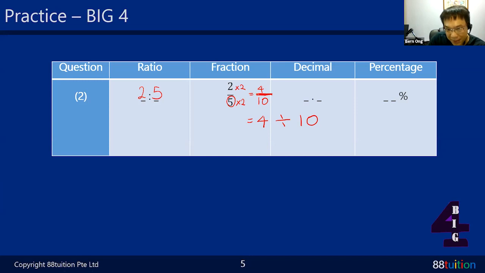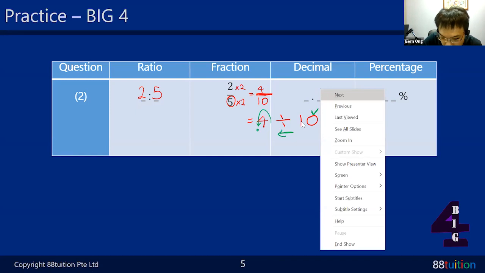So divide means to the left, to the left. 10 means 1 movement. So the number 4, where is the decimal place? If there's no decimal place written, it's always at the back side. So you're supposed to move to the left by 1 movement. So you move 1 time here. So the new decimal place will be in front. So the answer will be 0.4.